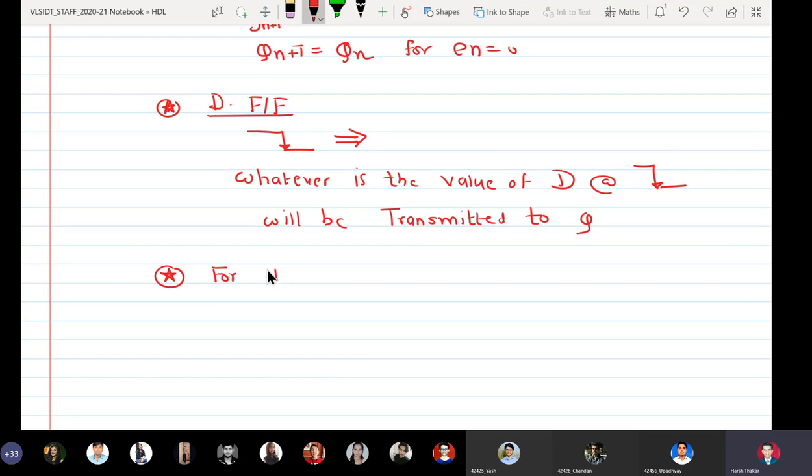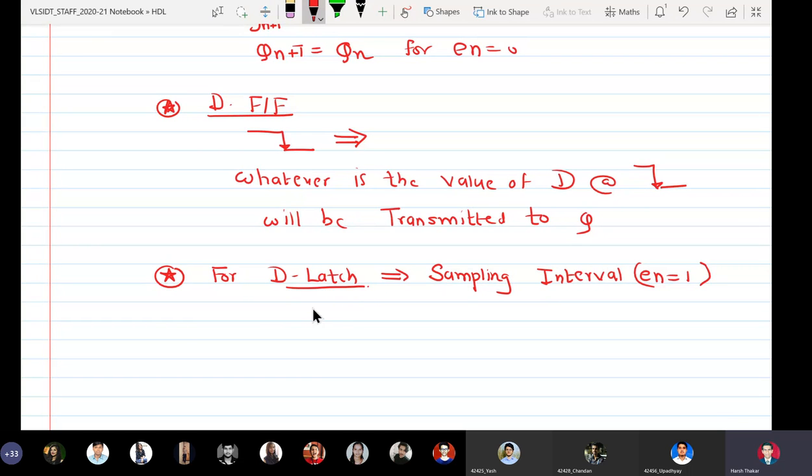Okay. So I can say that for D latch, we have sampling interval. The sampling interval is En equal to 1. So the entire time interval for which En remains equal to 1, that is called sampling interval.